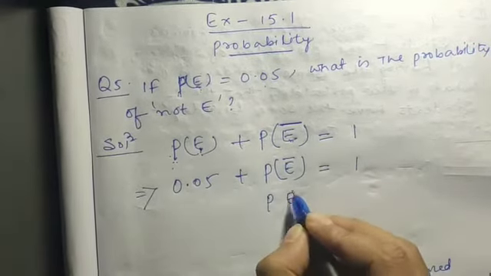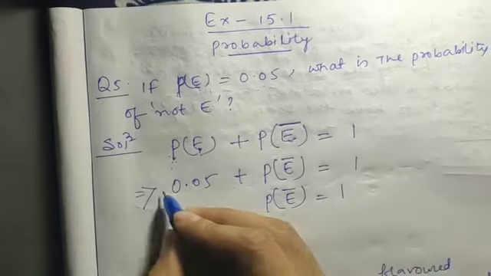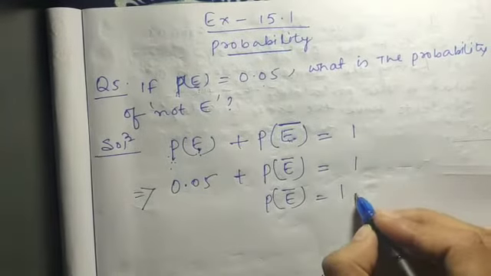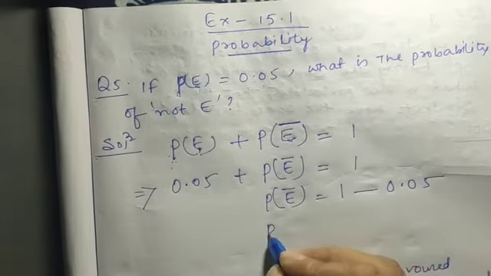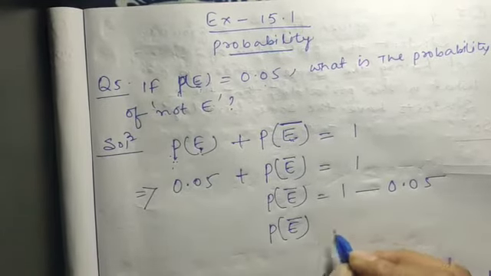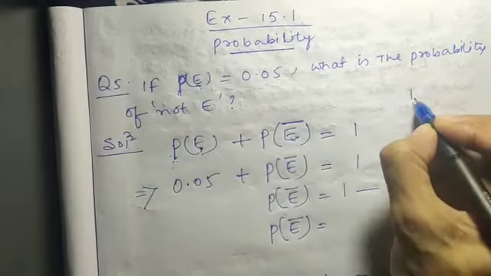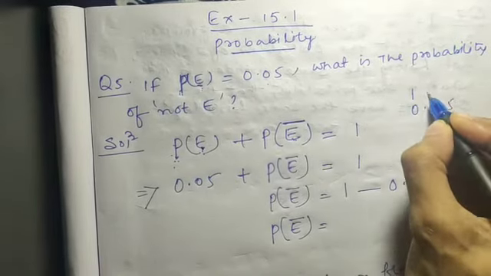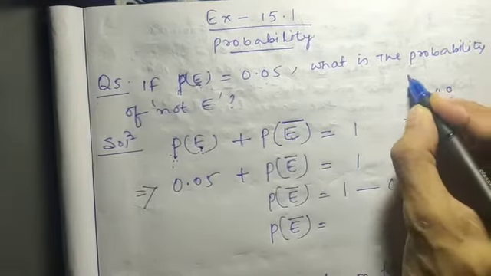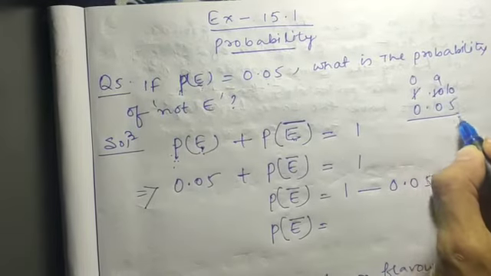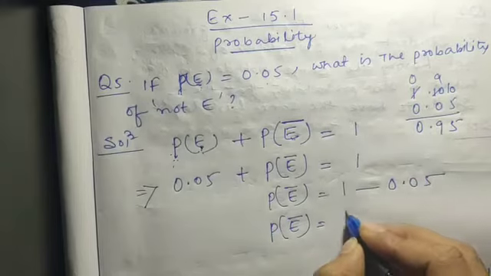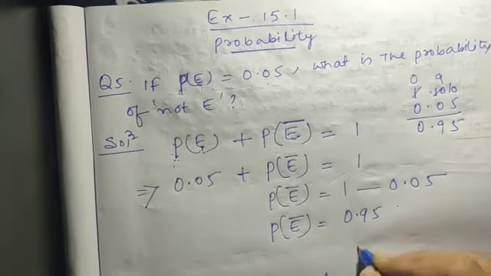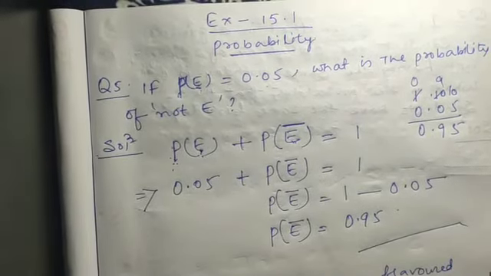So probability of not happening E is equal to 1 minus 0.05, since 0.05 will come this side and become minus 0.05. So 1 minus 0.05 is 0.95. 0.95 is the answer. I hope it is clear.